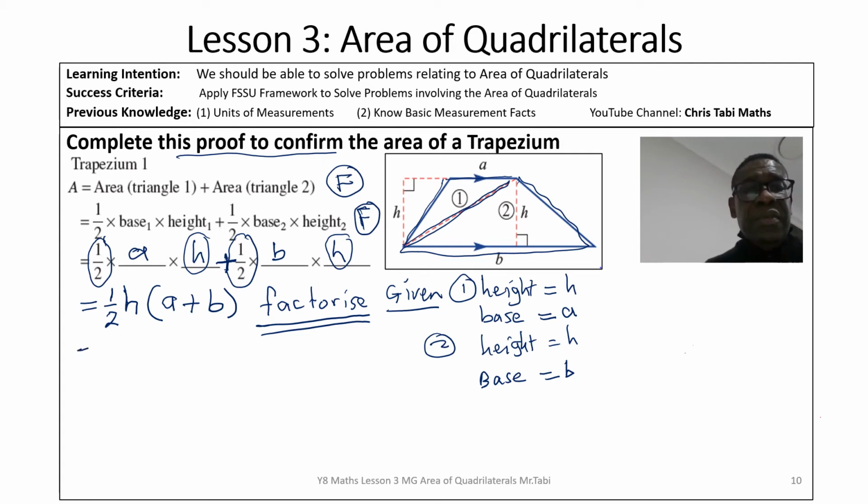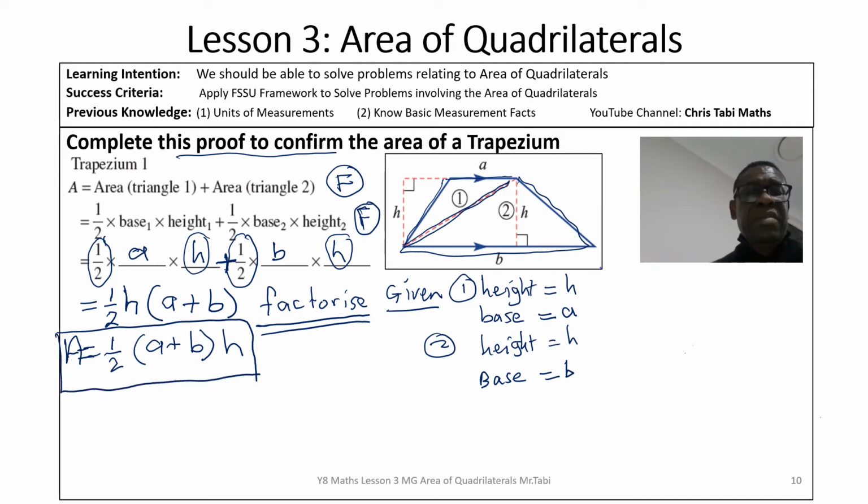So this is equal to, now we can just tidy this up for it to look like the formula we already know. So if I keep the half here, open the bracket a plus b, and put the h at the back. So that's the area. And that's pretty much the formula for the trapezium.